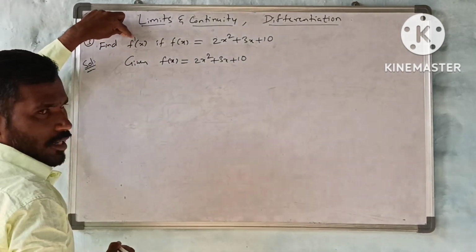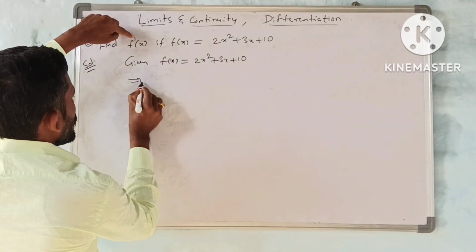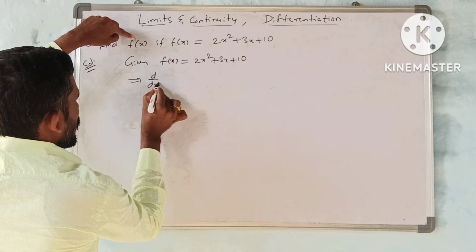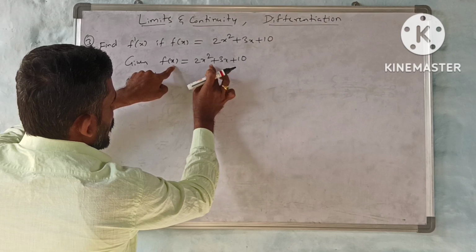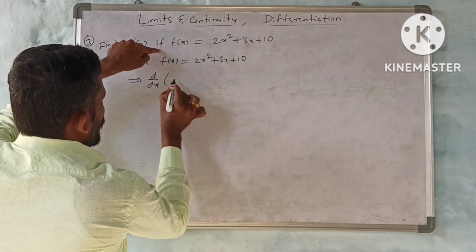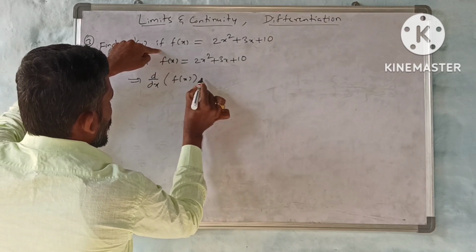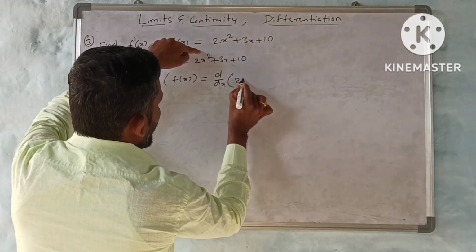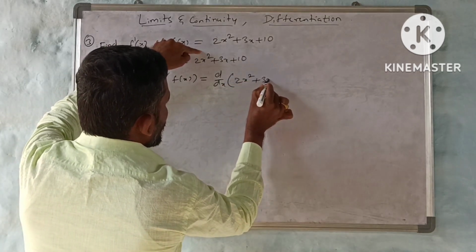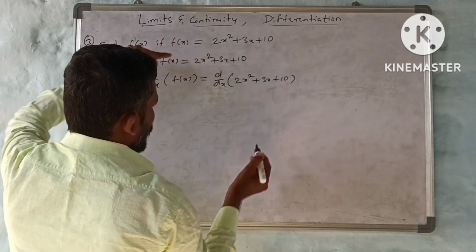What is asked? The derivative. So the derivative symbol is d by dx. So differentiating with respect to x, because the given one is in terms of x only. So d by dx of f of x equal to d by dx of 2x square plus 3x plus 10.